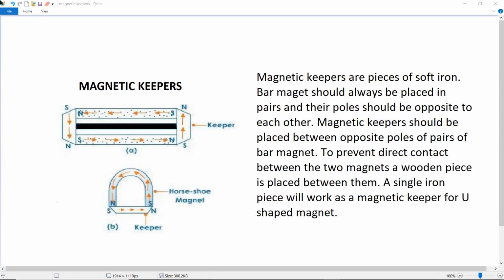To prevent direct contact between the two magnets, a wooden piece is placed between them. A single iron piece will work as a magnetic keeper for a U-shaped magnet.